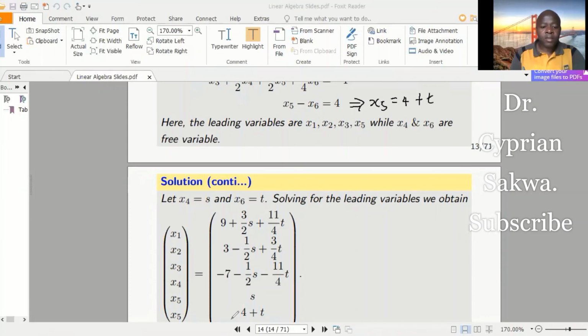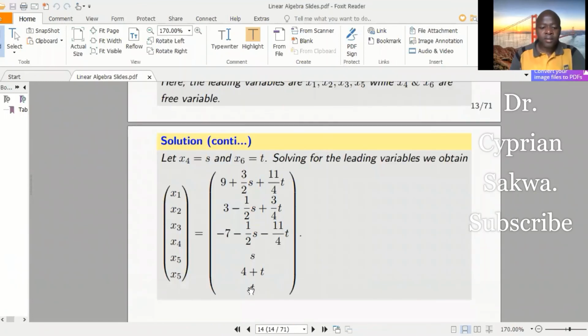So x5 is 4 plus t. But x6 is t. So x5 is that. x4 is s. What about x3?